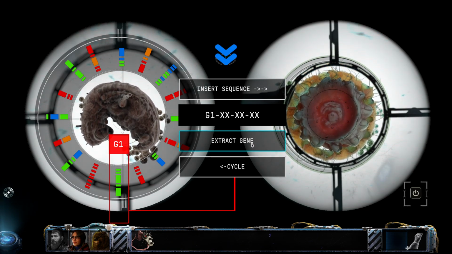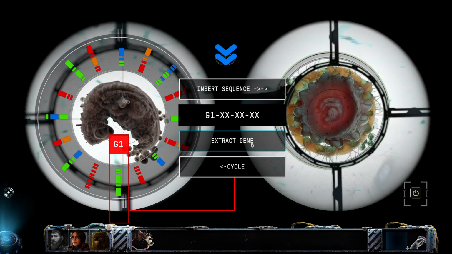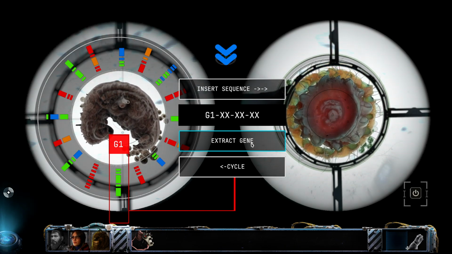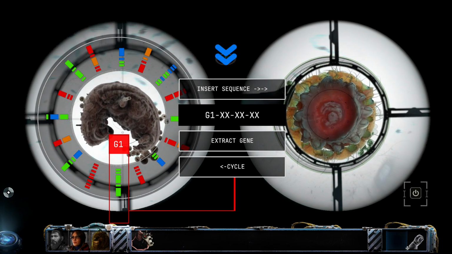So this is the sex gene, presumably, but I don't know what to do with it. Okay, that's the thing we got.